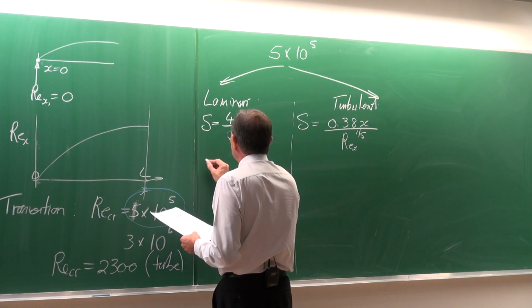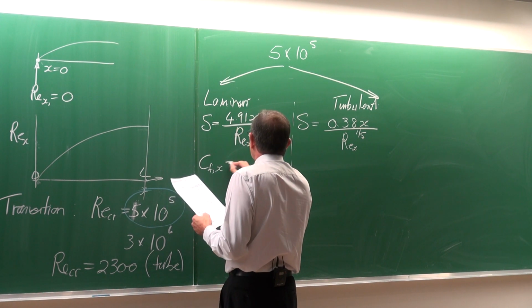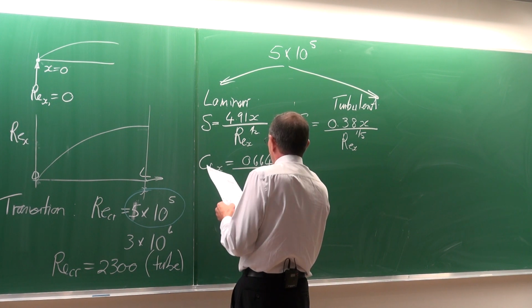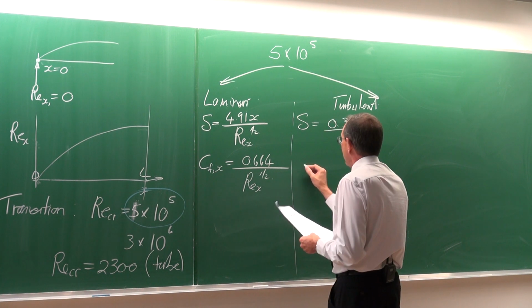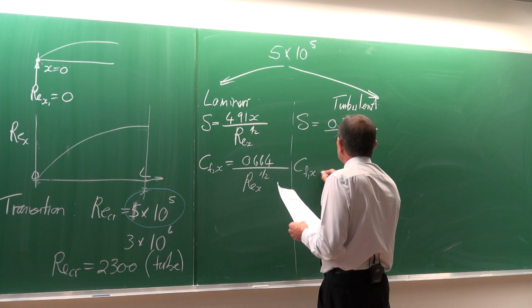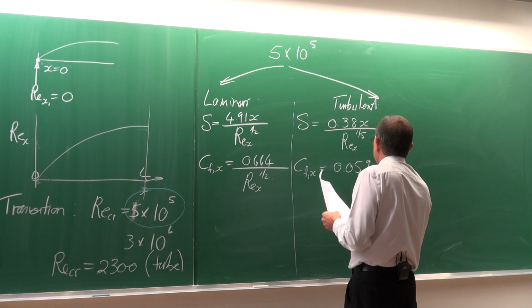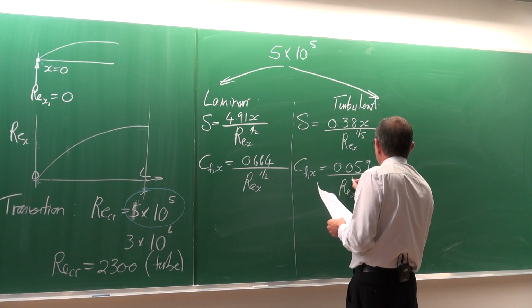Then we can also determine the local skin friction coefficient, which is equal to 0.664 divided by Reynolds x to the half for laminar flow, and if it's turbulent, it is equal to 0.059 divided by Reynolds x to the fifth.